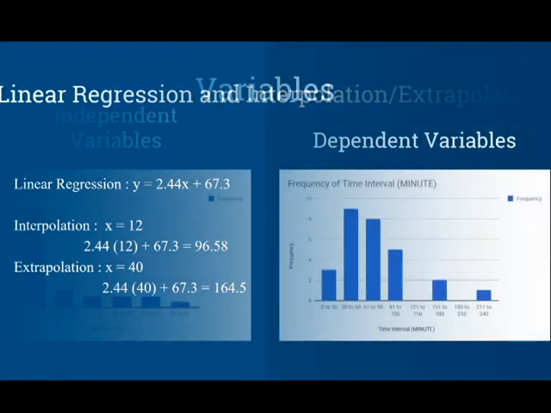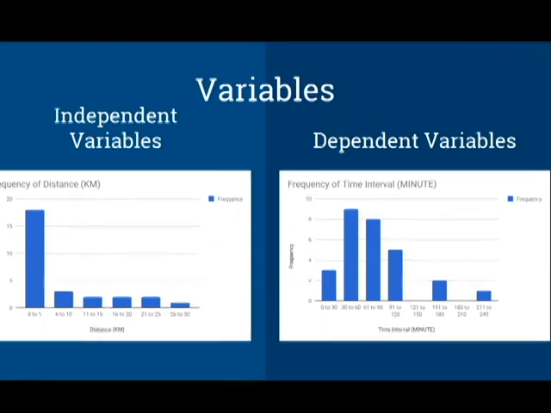Next, we have the variables, which are the independent variable and dependent variable from our data. The first graph shows the independent variable, which is the distance between a student's house and the college. By looking at the bar graph, we can find that students usually live near the school, in the category of 0 to 5 kilometers, which is the highest.